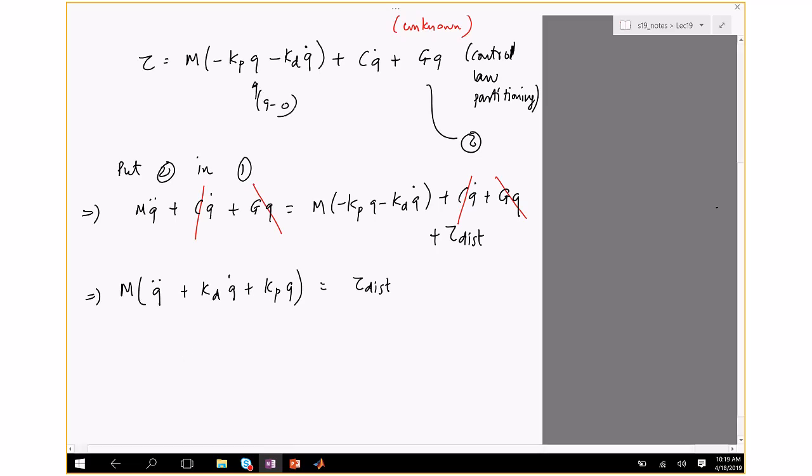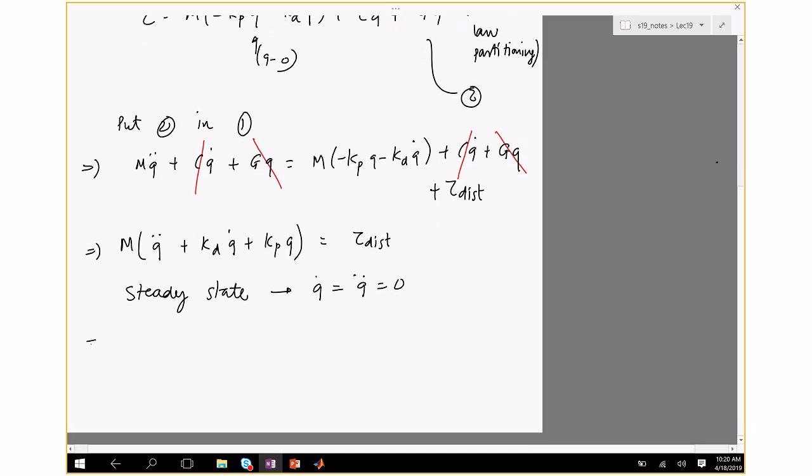When I perturb the system from 0 and let it go, things reach steady state when velocity is 0 and acceleration is 0. The rate of change of position and velocity is going to be 0. So at steady state, we would have q dot equals q double dot equals 0.